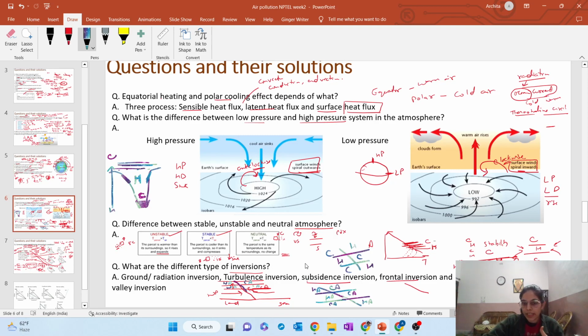The bottom of the valley radiates heat very fast back to the atmosphere and becomes cooler, but the slanting part of the valley, which receives the sunlight, becomes heated. So there will be a middle layer of heated air. So these are different types of inversion. This is just a brief introduction. We will discuss these inversions in later lectures also.